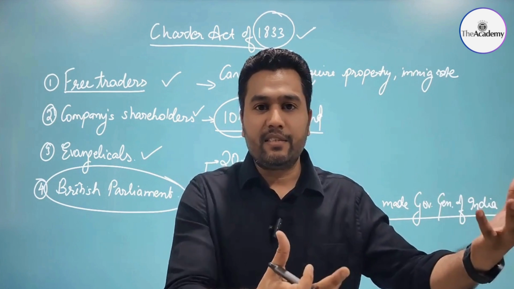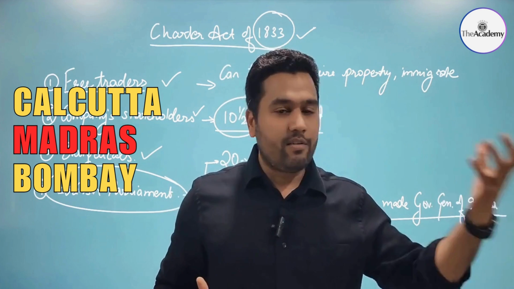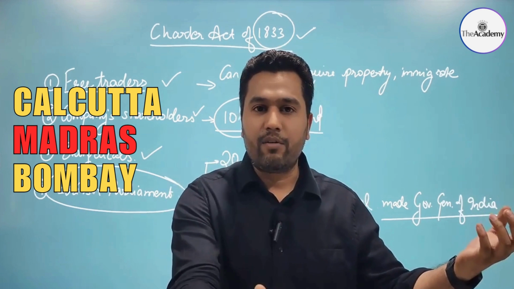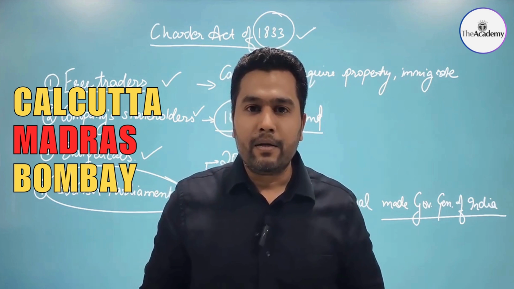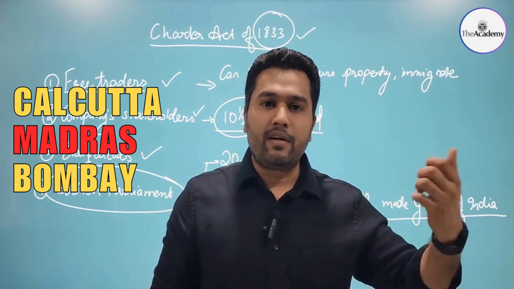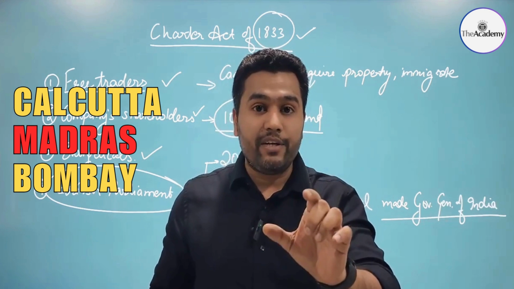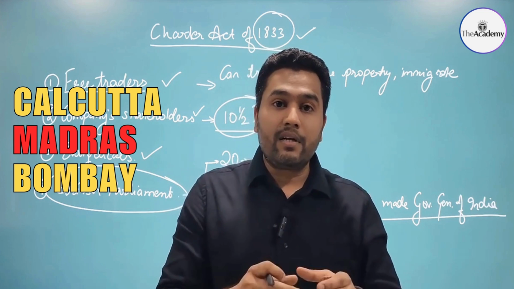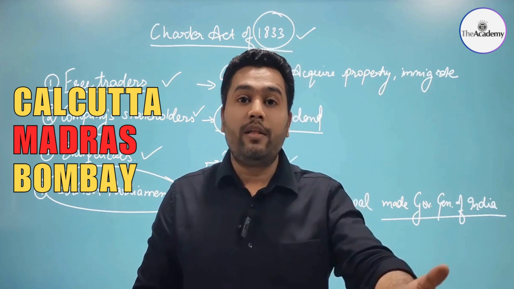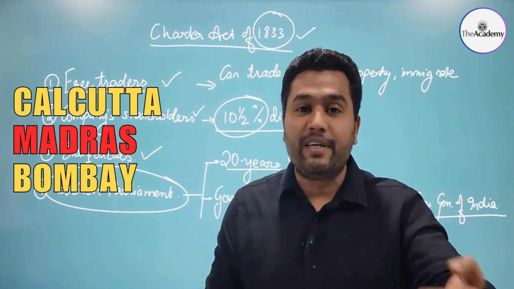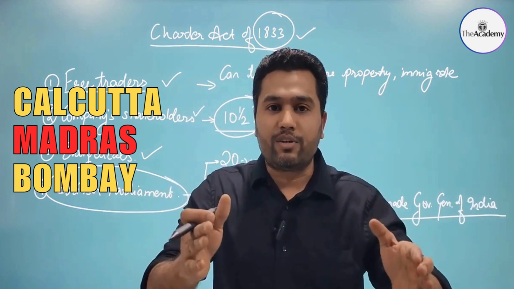There were three presidencies, the Calcutta, Madras and Bombay presidency. They used to have governors. There was Governor of Calcutta presidency, Governor of Bombay presidency, Governor of Madras presidency. The previous acts had made the Governor of Bengal a superintendent over other two presidencies. But this Charter Act of 1833 now made the Governor-General of Bengal the Governor-General of India. That is, it took away all the powers of the governors of Madras, Bombay, and even that of Bengal, because now there would be a Governor-General of India.